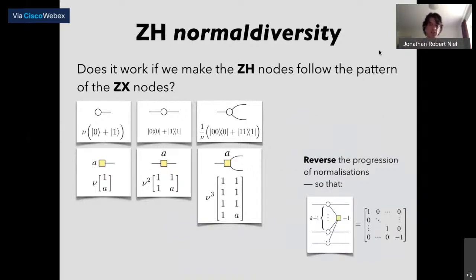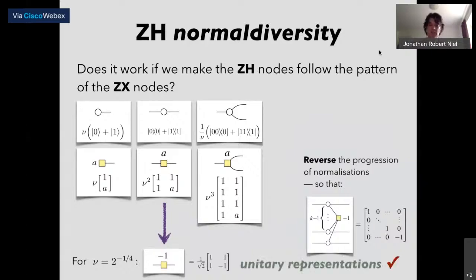It's so that the increasing degrees of the H boxes compensate the decreasing degrees of the Z dots so that we get an exact representation of the highly controlled Z gate. And if we take that same value of nu that we had for the ZX calculus, then the one-to-one Hadamard box becomes unitarily represented.